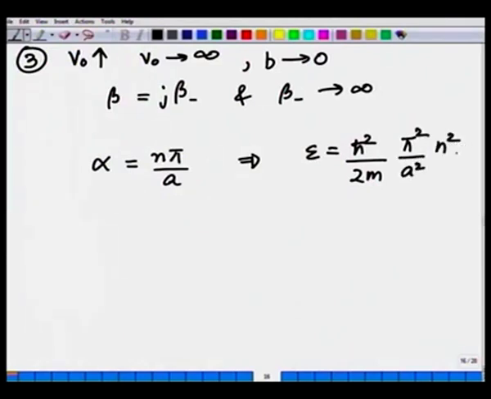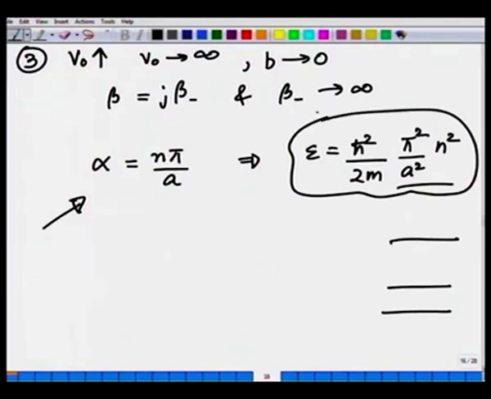Remember, those are discrete energy levels, like in a hydrogen atom. The particle in a box problem you will recover from this itself.